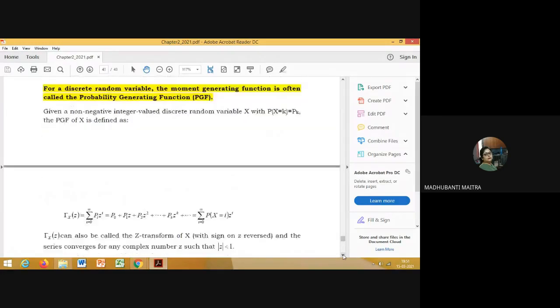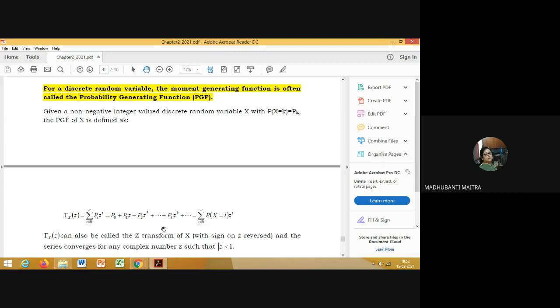Suppose this is the function we define, tau z, which is given by the summation of i varying from 0 to infinity of pi z to the power i. If we expand this, we get p0 plus p1 z plus p2 z squared. That means p0 is the probability that the random variable assumes the value 0.